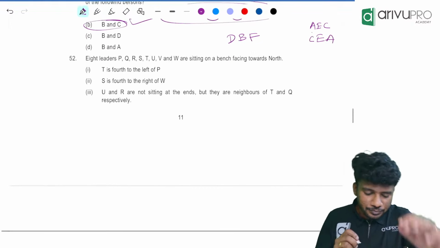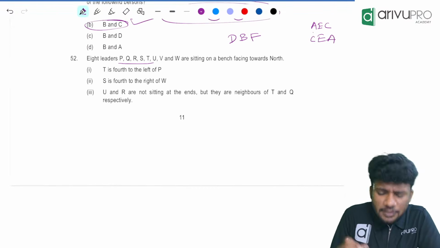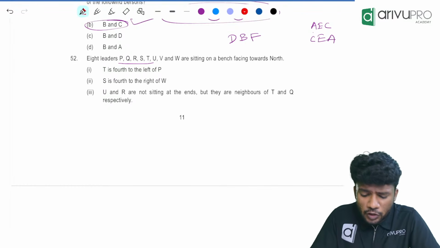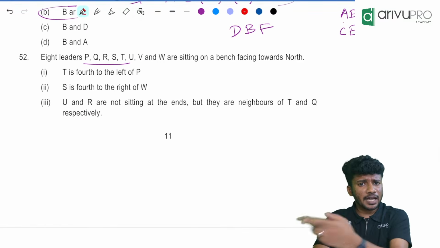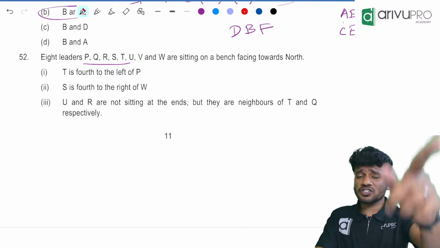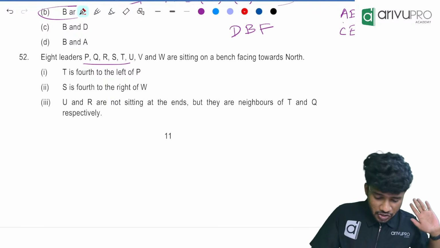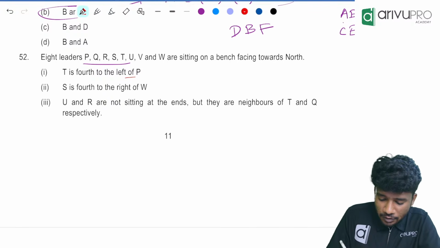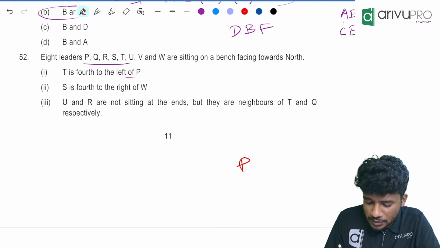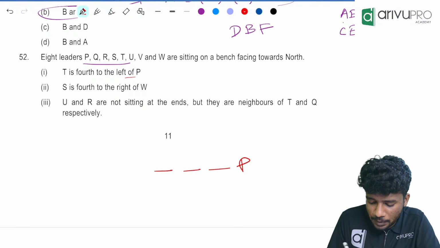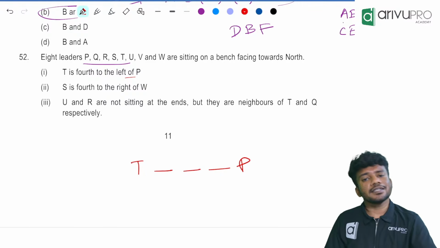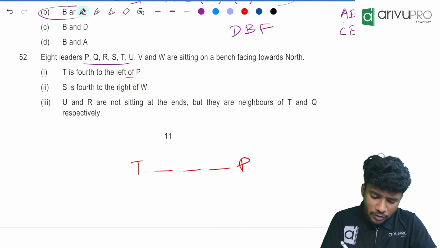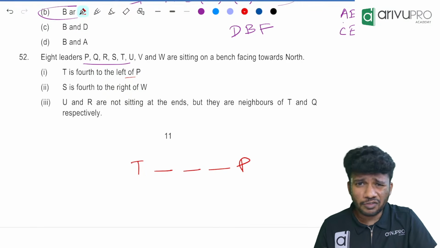Very good question. Now 8 leaders P, Q, R, S, T, U, V, W are sitting on a bench facing north. They are looking in which direction? North direction. T is 4th left of P. So P is the reference person. 4th left means 3 people are there in between them. Then T is there. Okay. Then S is 4th right of W. Do you know W here? No, we are not doing anything.